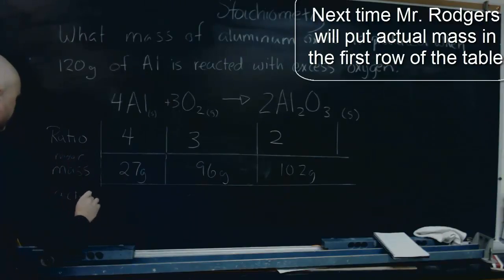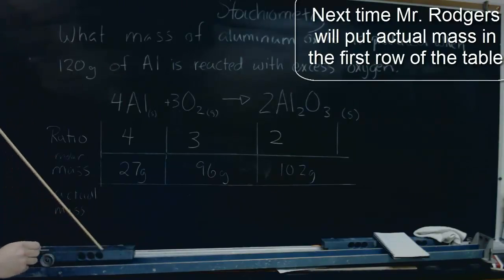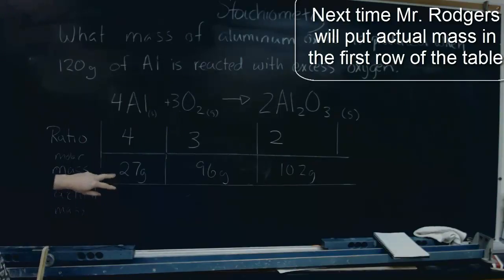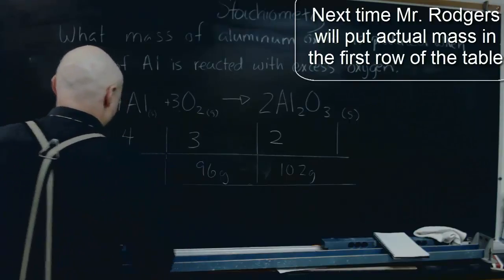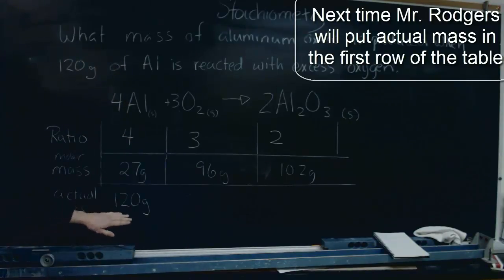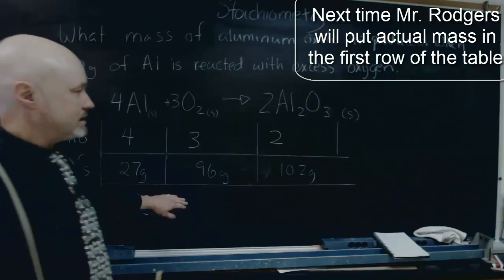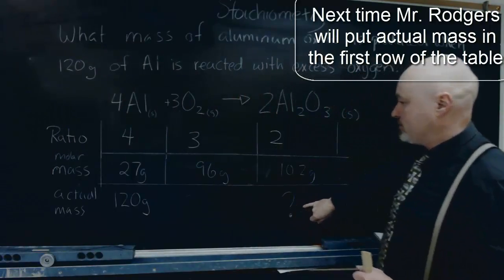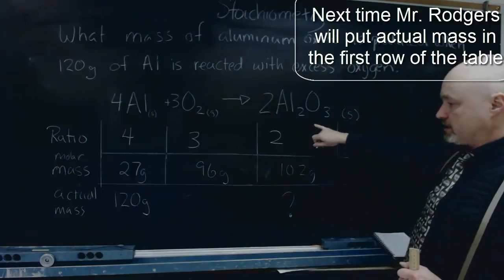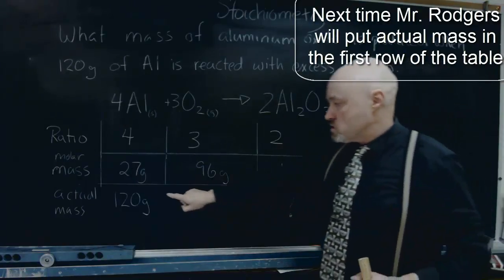Here's my actual mass row, and I'm just looking at it. Maybe we should have put the actual mass on top, just because we're going to be dividing it the other way. We have 120 grams of aluminum, and that's the only mass that we really know. We have excess oxygen, and what we want to know is how many grams of aluminum oxide are we going to get?